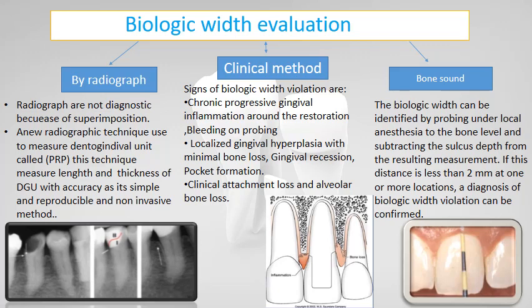Gingival hyperplasia is most frequently found in altered passive eruption and subgingival placed restoration margin. Number 2, bone sounding. The biologic width can be identified by probing under local anesthesia to the bone level.